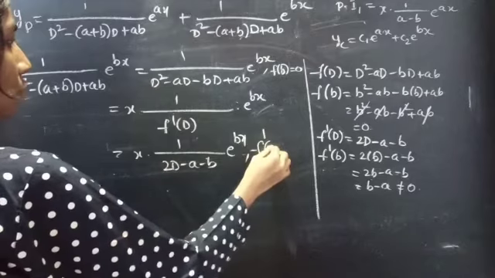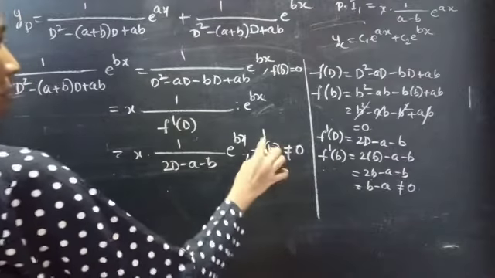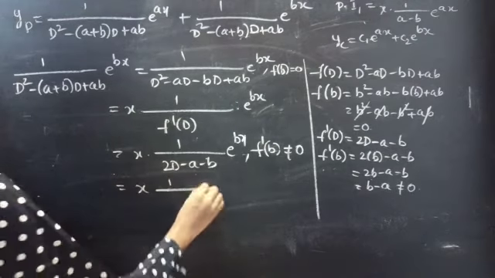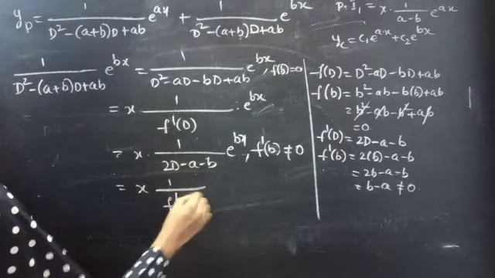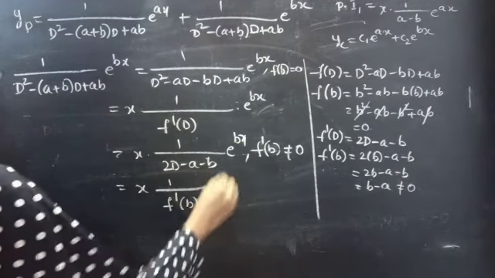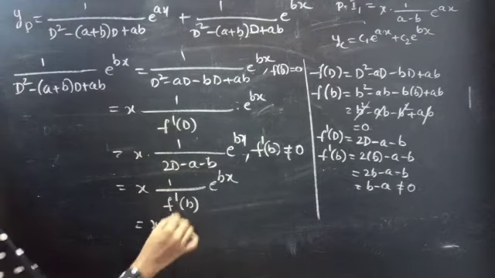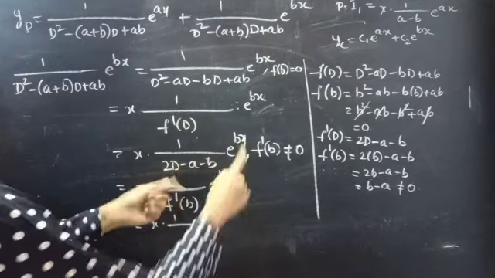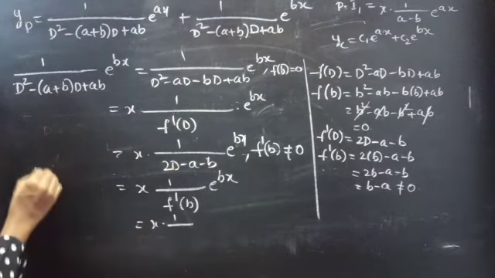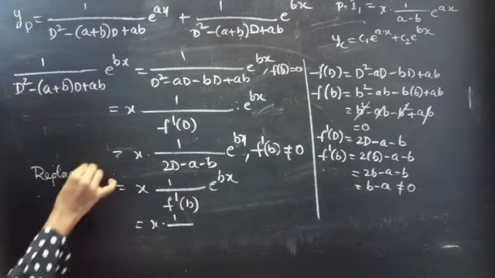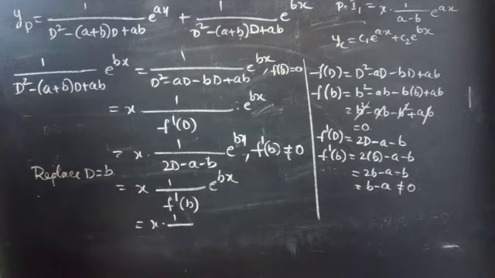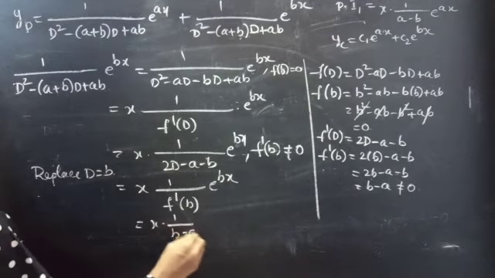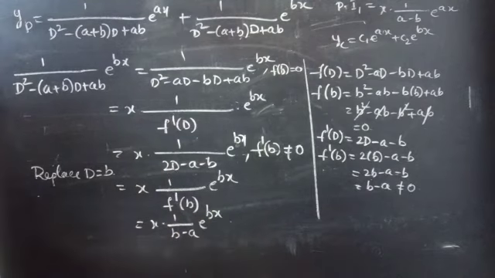Since f dash of b is not equal to 0, you can write the f dash of b value in the denominator. You get x into 1 by, simply replacing d with b, 1 by b minus a into e power bx, right?